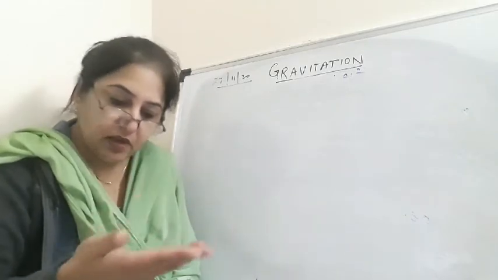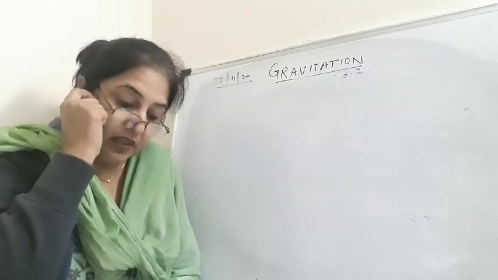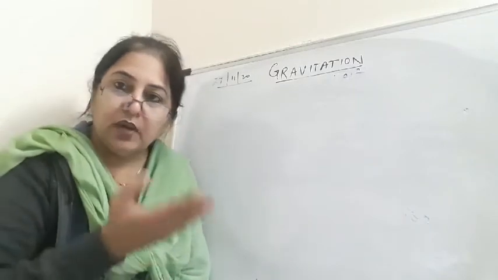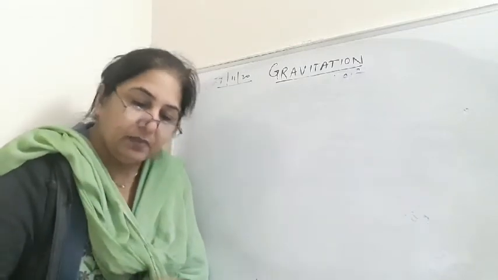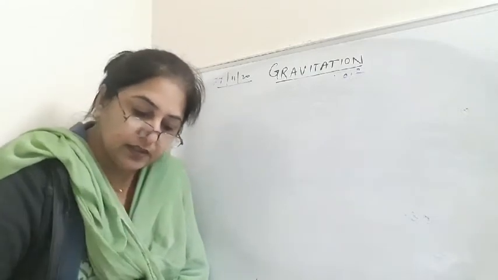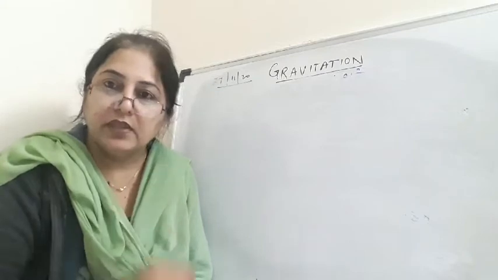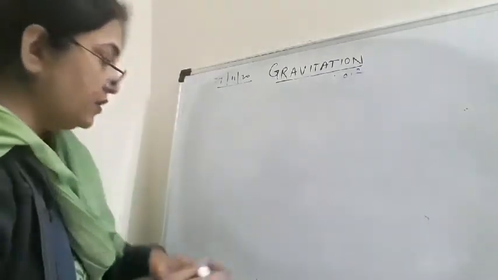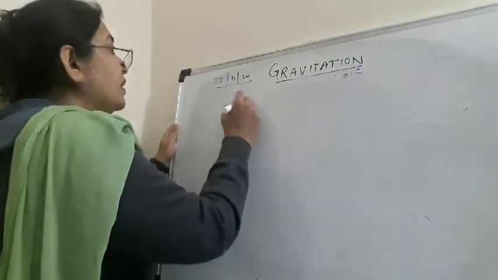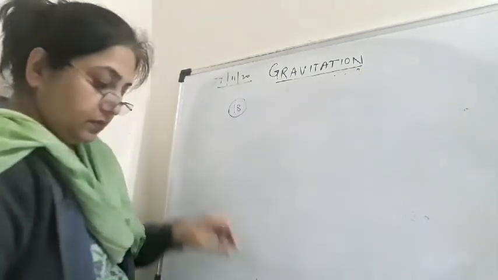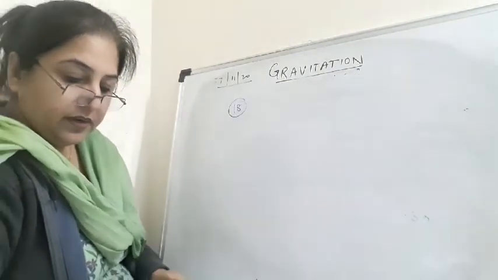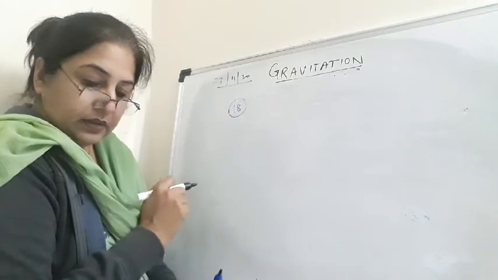Total time taken is 6 seconds. We have to find the velocity with which it was thrown up, the maximum height it reaches, and the position of the ball after 4 seconds. Okay, so let us complete this question.